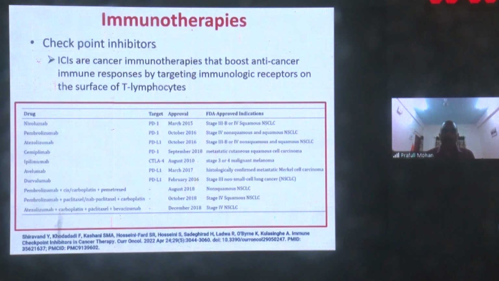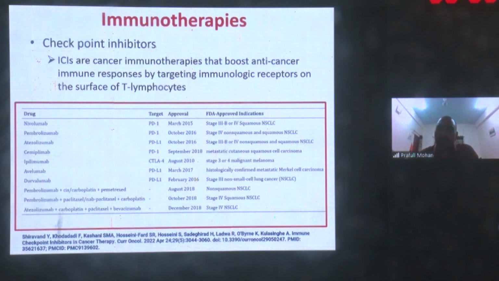Now coming on to immunotherapies. I've already briefly touched upon the importance of immune response. So why not exploit the immunity to block or to treat the cancer? A very interesting class of drugs which have emerged in the last 6-7 years is the immune checkpoint inhibitors.